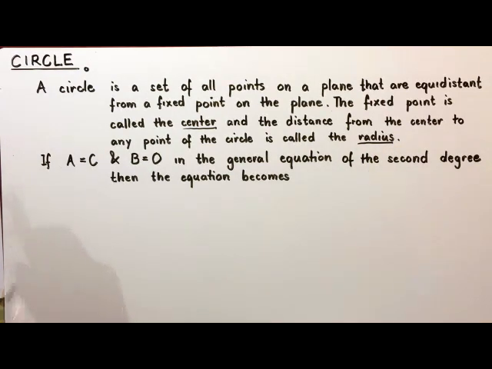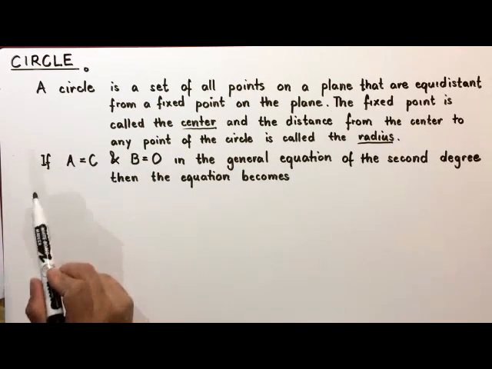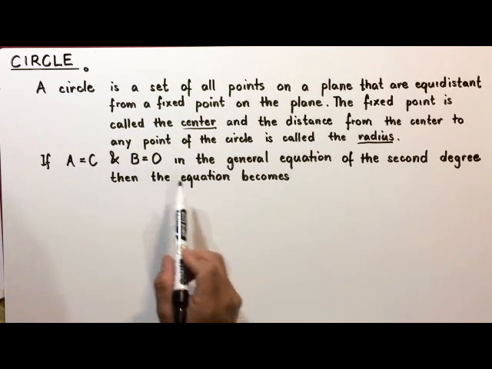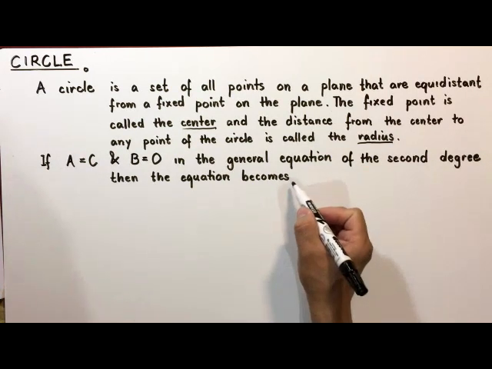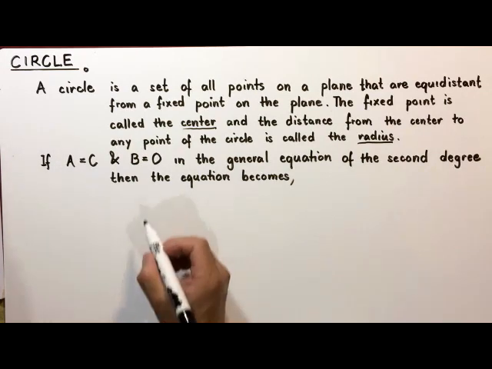So, if A is equal to C, what is this A? The A of the general equation of the conic. So, if A is equal to C and B is equal to 0, in the general equation of the second degree, then the equation becomes like this. So, what was that equation?